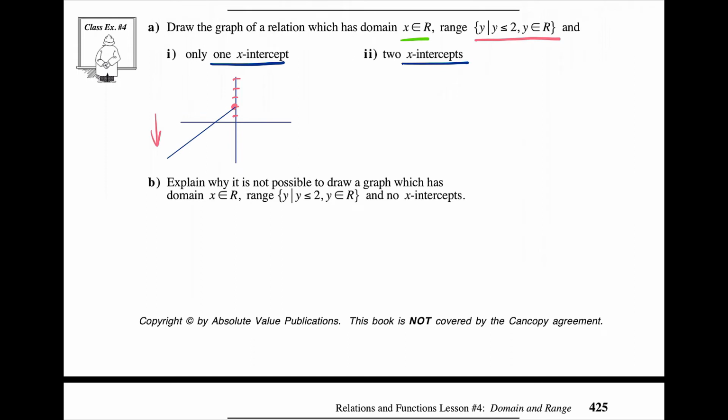So I'll go like that. Because it says that the x value is a subset of all real numbers, that means it's going to go forever and ever, which means I need an arrowhead pointing down and to the left. Okay, and that should make that one true. Now this one says let's draw one with 2 x-intercepts, and that means that cannot be a straight line.